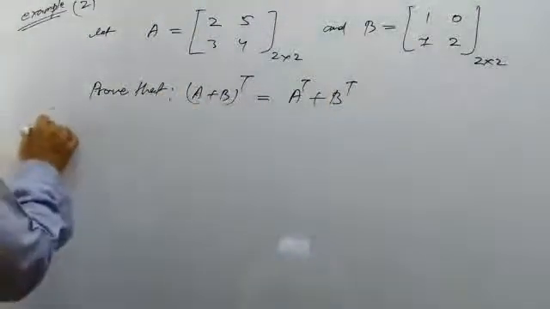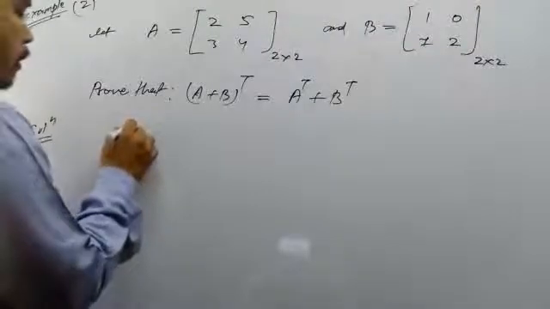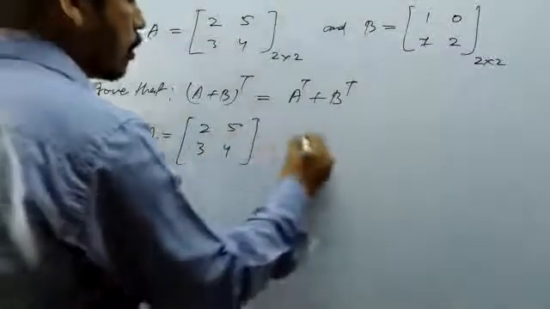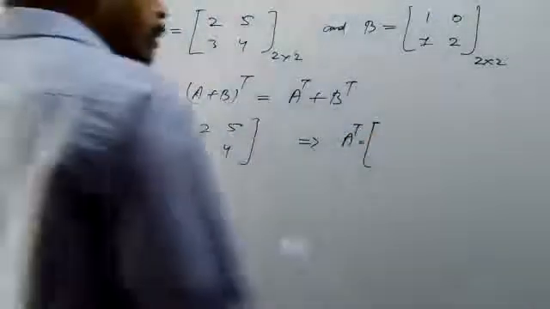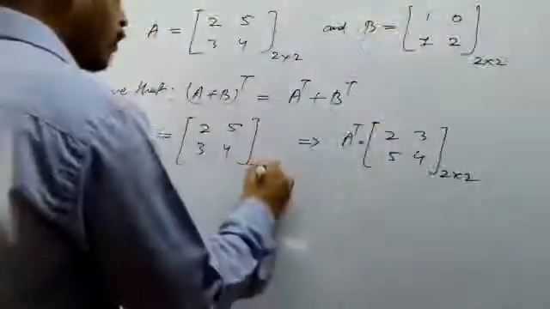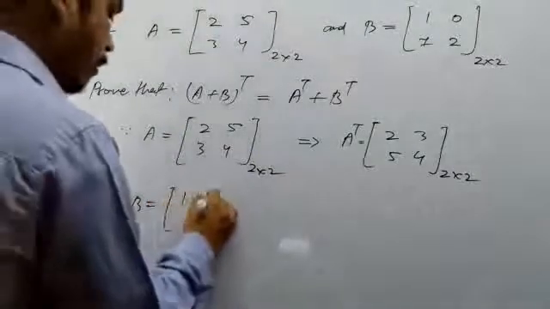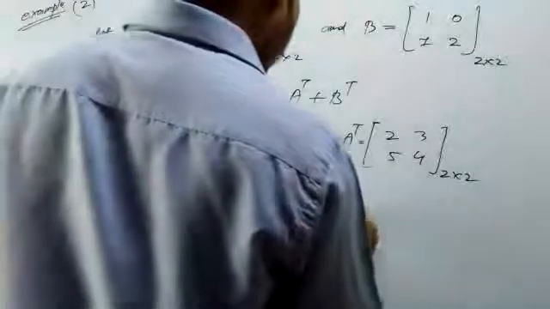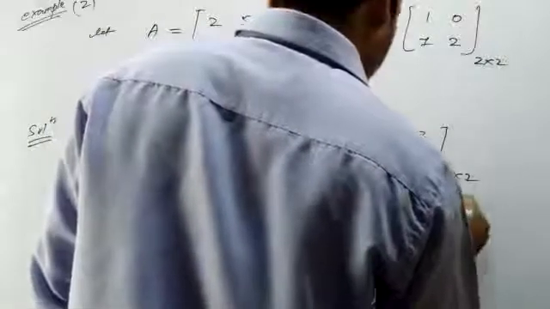So the solution is here. Since A is equal to [2, 5; 3, 4], this implies A^T will be equal to [2, 3; 5, 4], and B is equal to [1, 0; 7, 2]. So B^T will be equal to [1, 7; 0, 2].